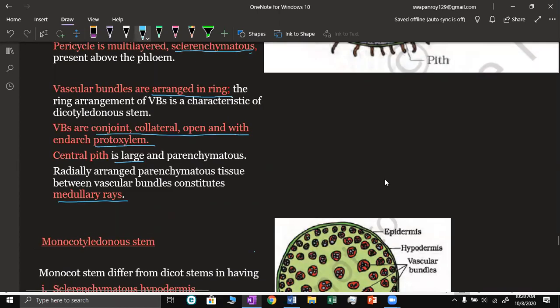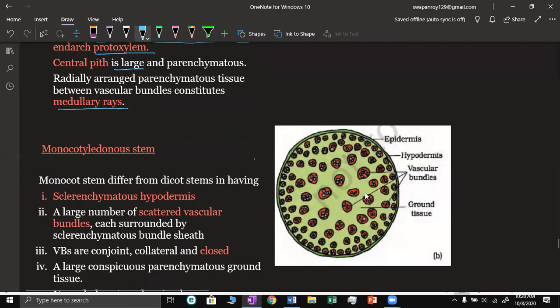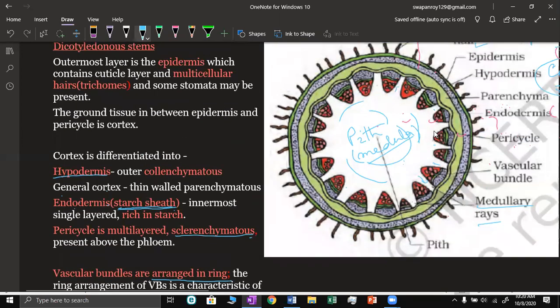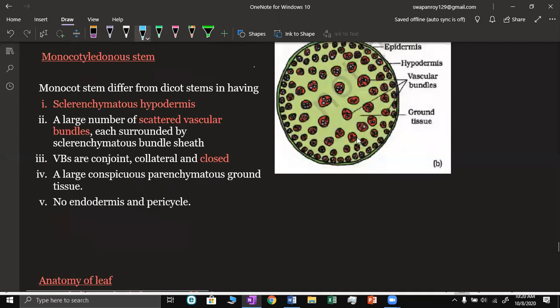In the monocot, if we see these two diagrams, in the dicot the vascular bundles are arranged in a ring, but here you see in this diagram that there are many vascular bundles of different sizes, all scattered from the center to near the periphery.